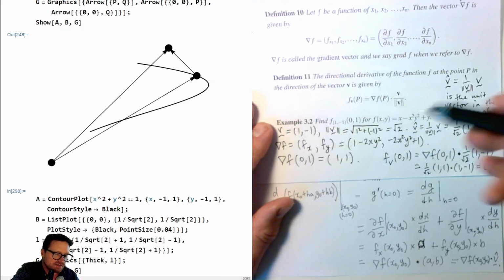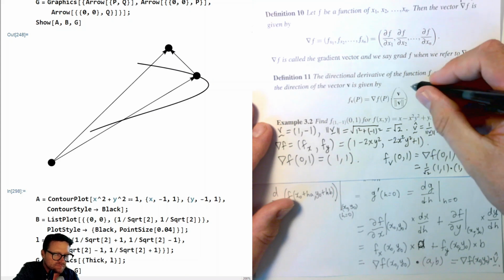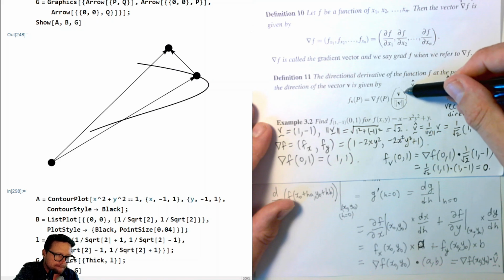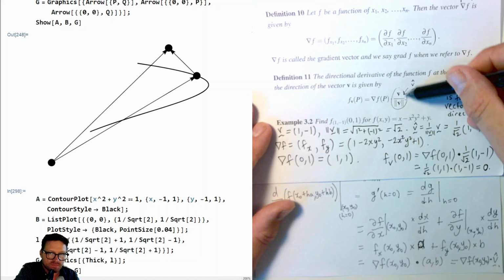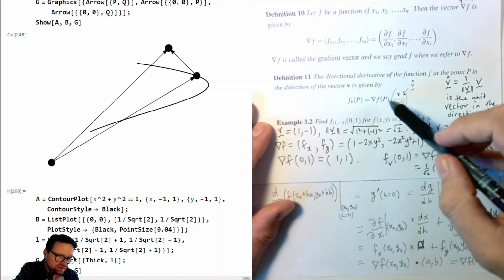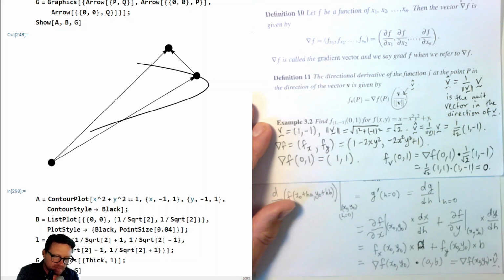So this here is v hat, right? It's a unit vector because we've taken v and divided throughout by its norm. Let's call it v hat. Right? This is grad f at p, matching what we have here. Okay?